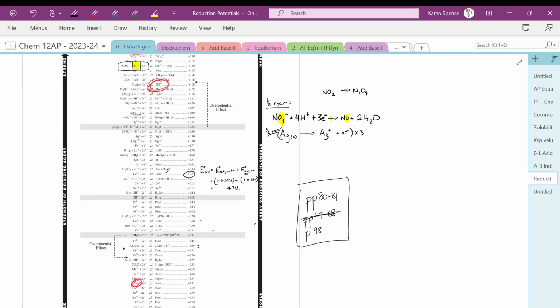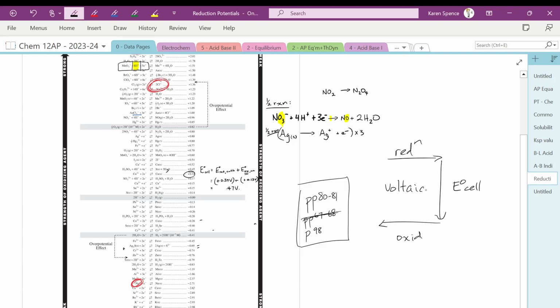Now, do you remember last day we said electrochemical cells go like this? We have our cathode, we have the reduction, and then we have our E0 cell. That's how much it gives off. And then we have our oxidation, and that is a voltaic cell.